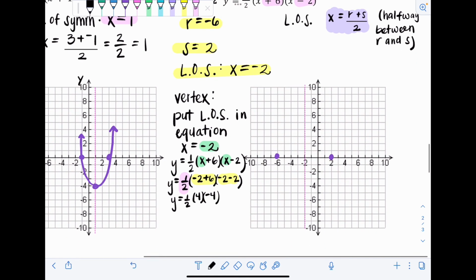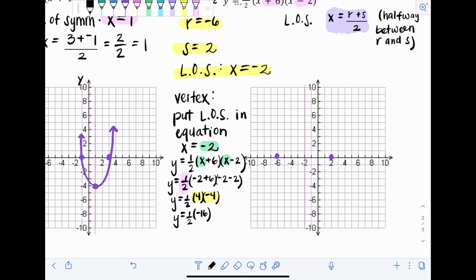In this case, it honestly doesn't matter in which order you multiply the 1/2, the 4, and the -4, because they're all being multiplied. It depends on preference: you can multiply the 4's together first and then multiply the 1/2 in after. So I'm going to rewrite y equals 1/2 and multiply the 4 times -4 first. So 4 times -4 is -16.